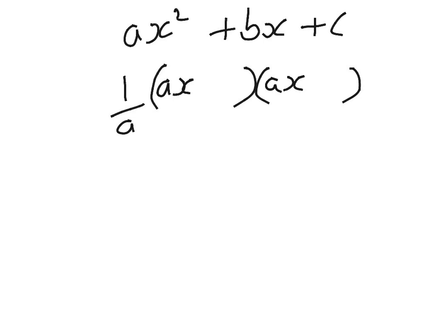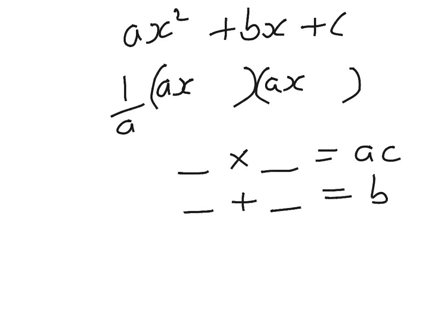Then we're looking for two numbers that multiply to make a multiplied by c, and then the same two numbers that add to equal b. Whatever numbers we get, we then put into the brackets. And once you've done that, you can inspect one of the brackets to see which can be divided by the a. And that is it.